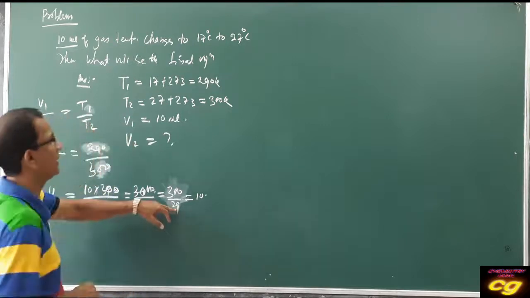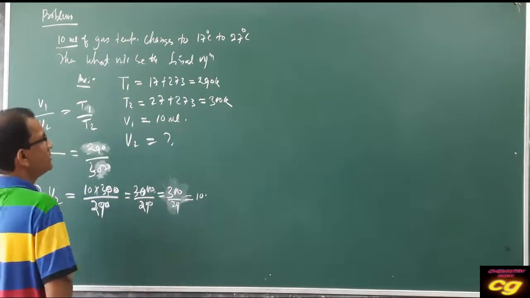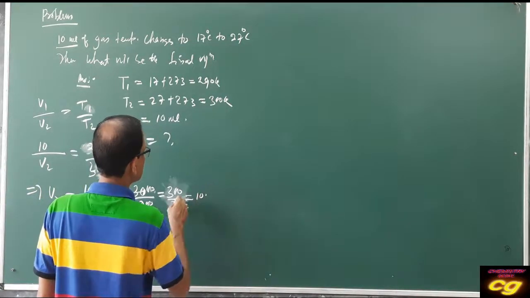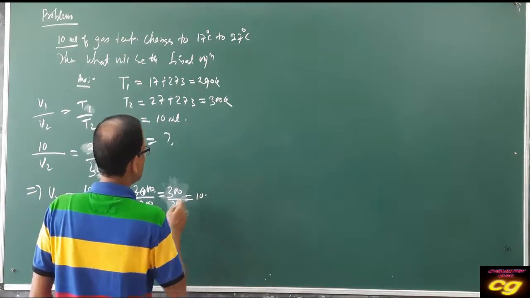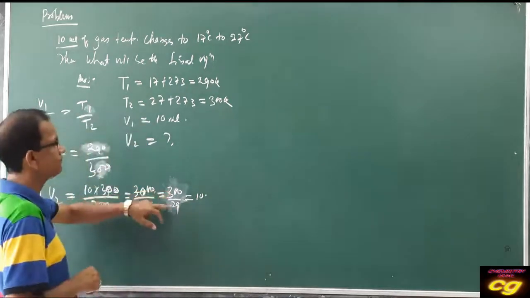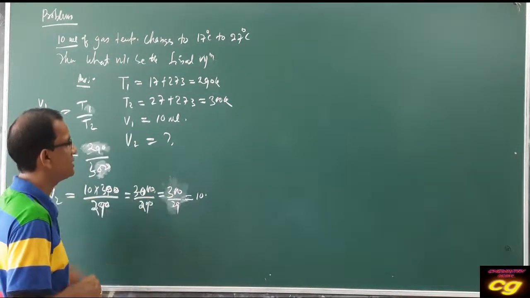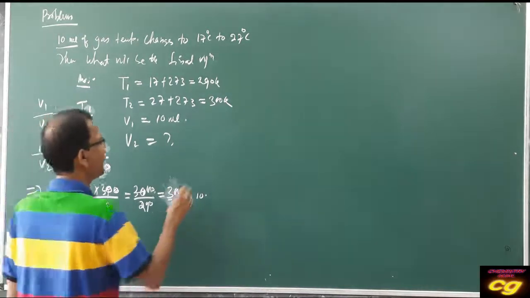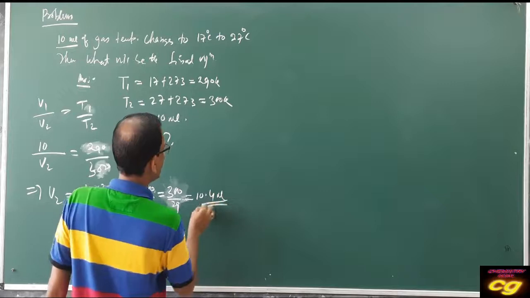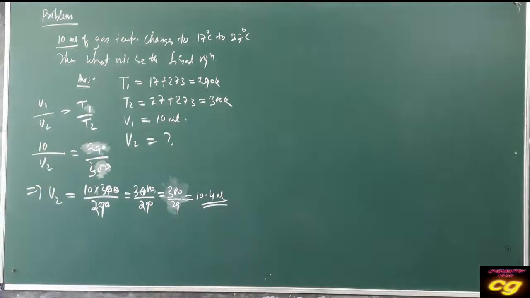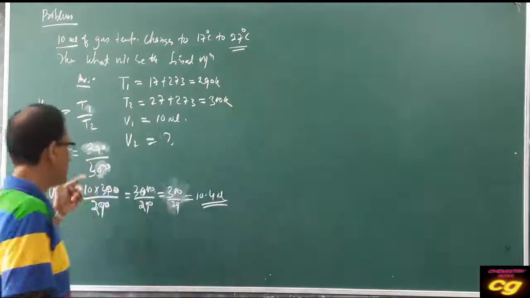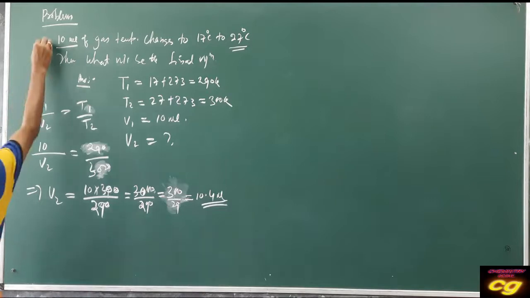If you put 1, that is 29, then remaining 10, then 100, that is 10 point something. That means approximately 4, so about 10.4 ml. So this is the volume of the gas at 27 degrees Celsius. So in this way you can calculate the first problem.